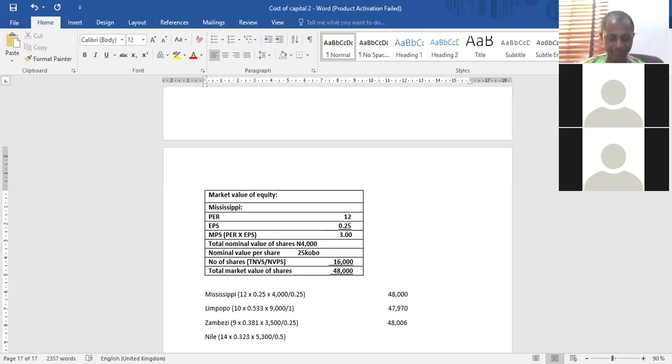So 5,300 divided by 0.5 times 0.323 times 14. Am I correct? I don't think so. Let me redo it: 5,300 divided by 0.5 times 0.323 times 14 gives 47,933.